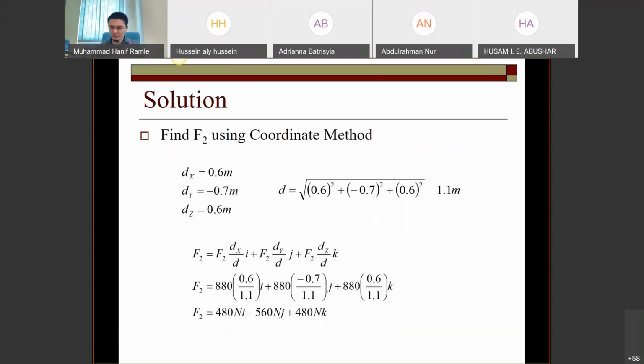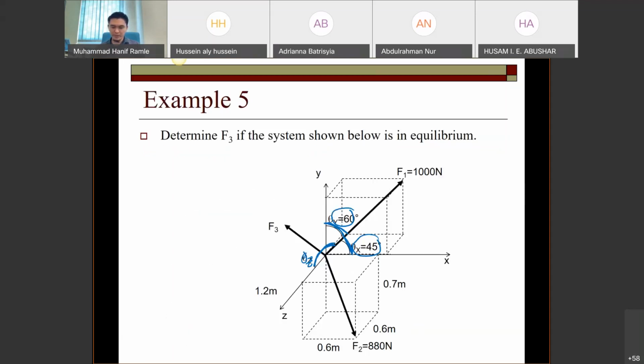Okay, for F2, how about F2? You have to determine dx, dy, dz first, and then you have to determine d. Can you do it right now?